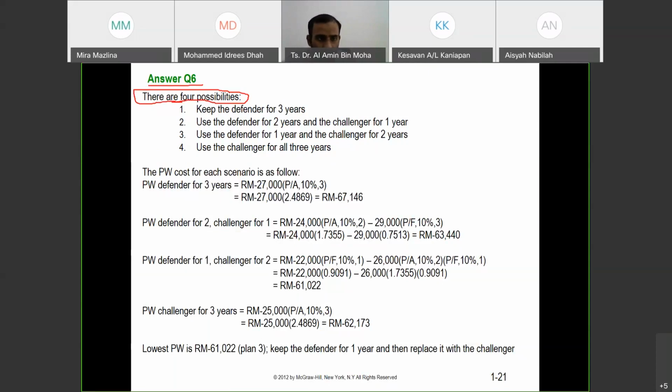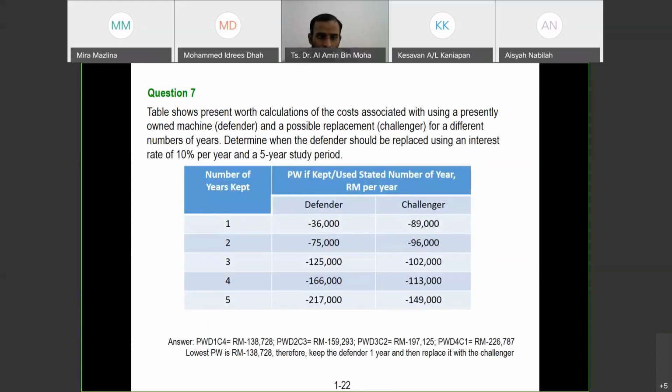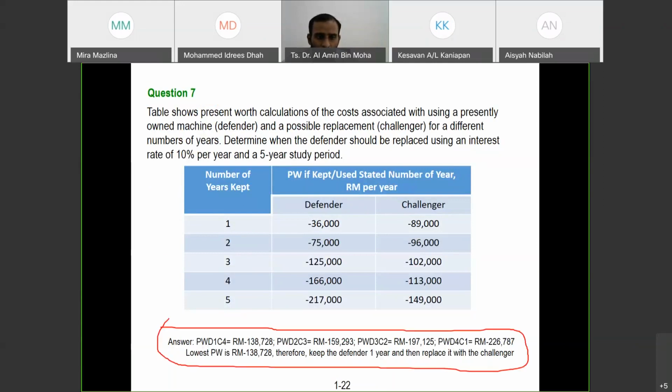The answer given here is based on PW, so try to see if you get the same answer. And this is for question 7. We give the answer here, but please try to do it by yourself first. You can discuss among colleagues, or you can try by yourself.